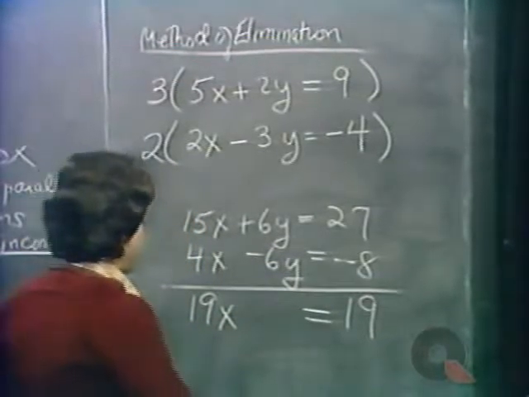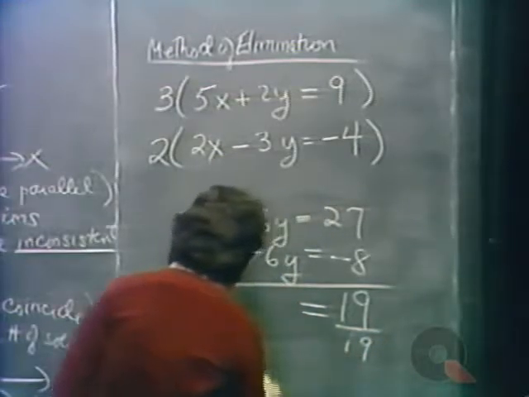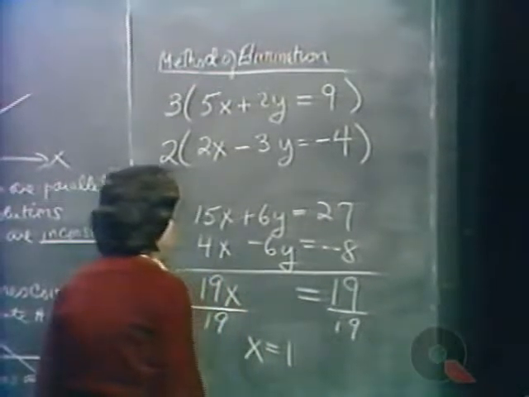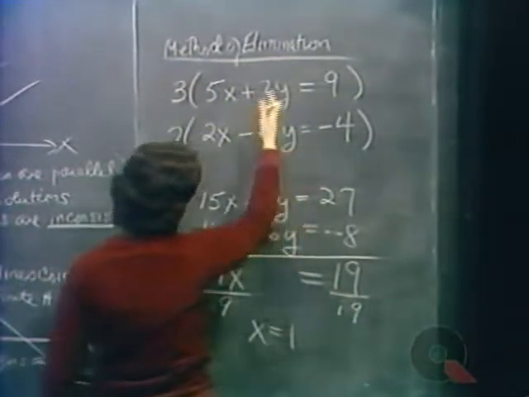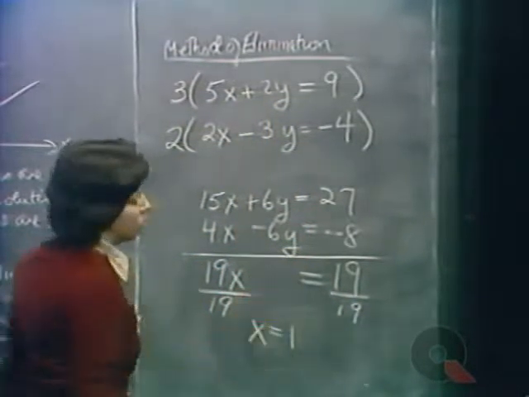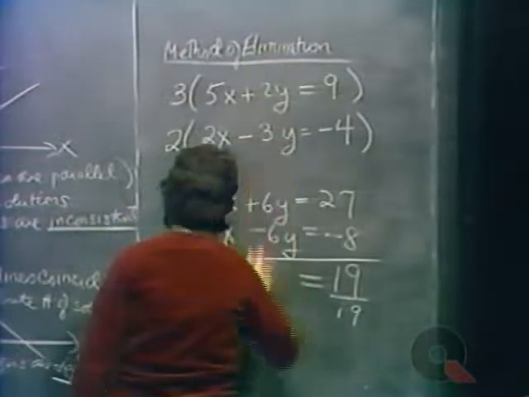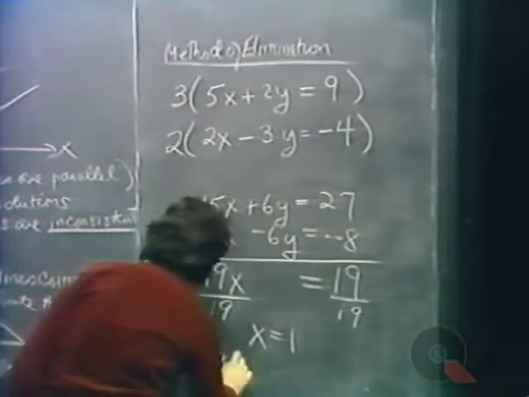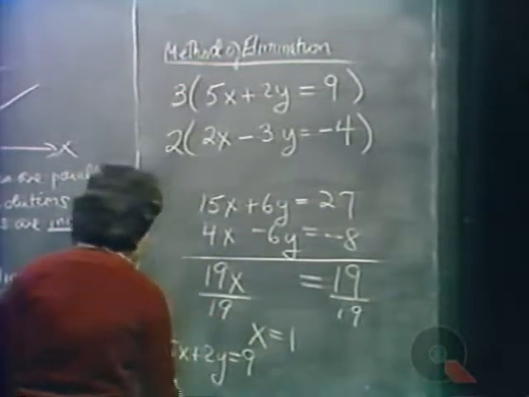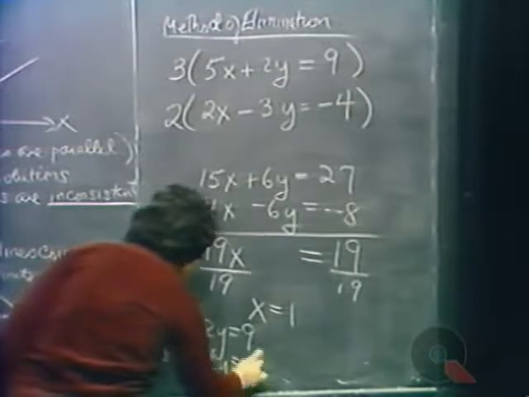This, of course, is very simple to solve. We divide both sides by 19 to get x equals 1. And once we know x equals 1, we can then substitute into either of the two equations that we started with, or any of the equations in the system involving both variables, and figure out what y is. We would have 5x plus, say, 2y equals 9, letting x equal 1. 5 times 1 plus 2y equals 9.